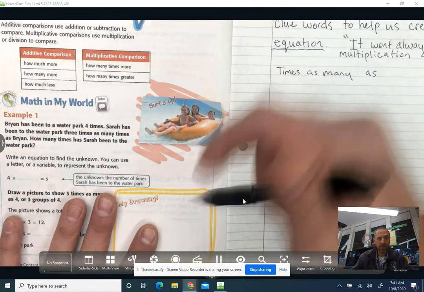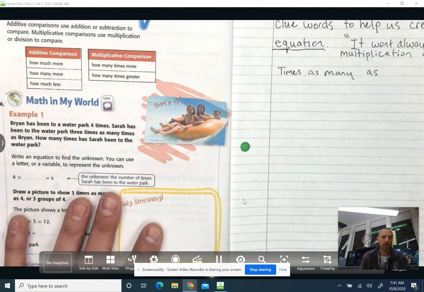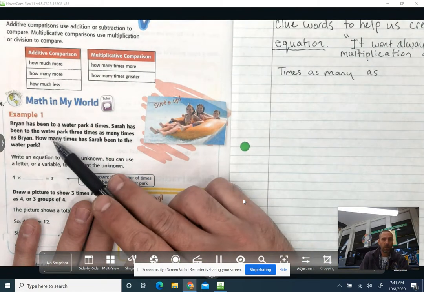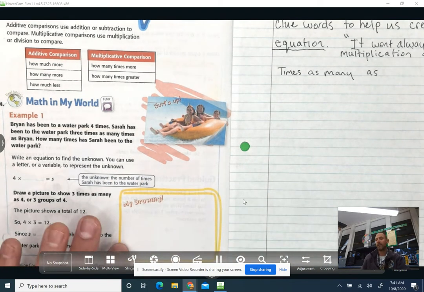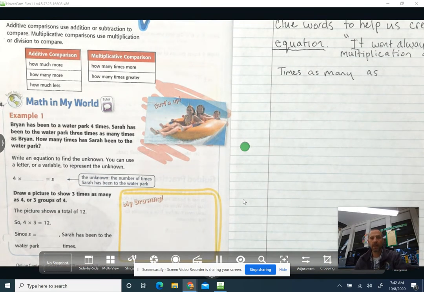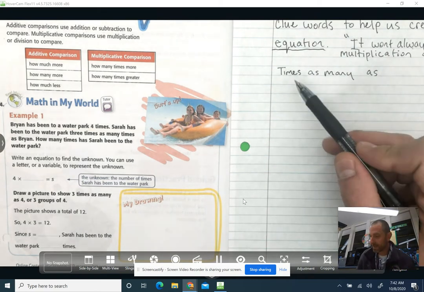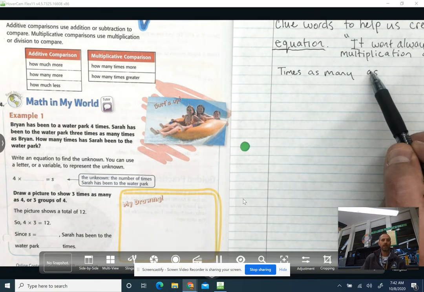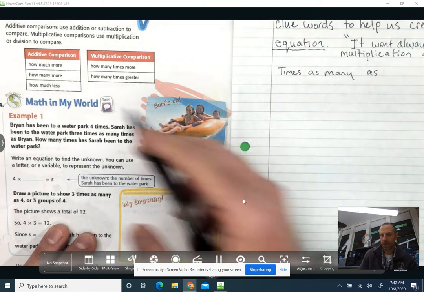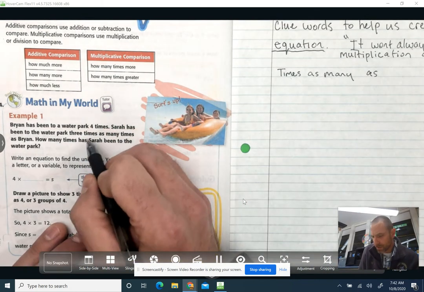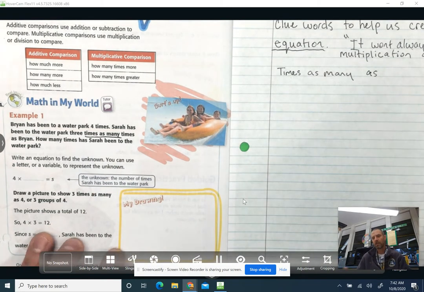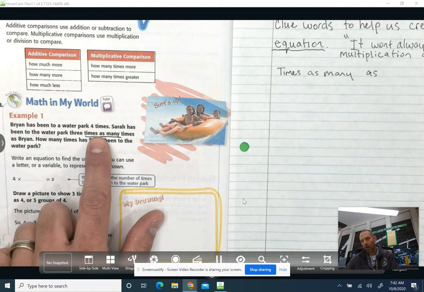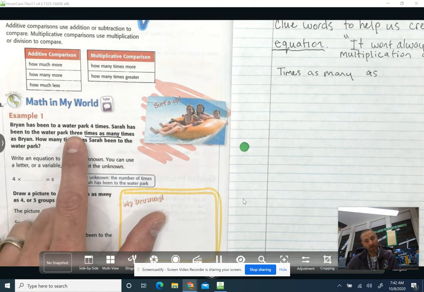Brian has been to a water park 4 times. Sarah has been to the water park 3 times as many times as Brian. How many times has Sarah been to the water park? Okay, so find that "times as many as" phrase in the problem. Sometimes the number is going to be in word form.